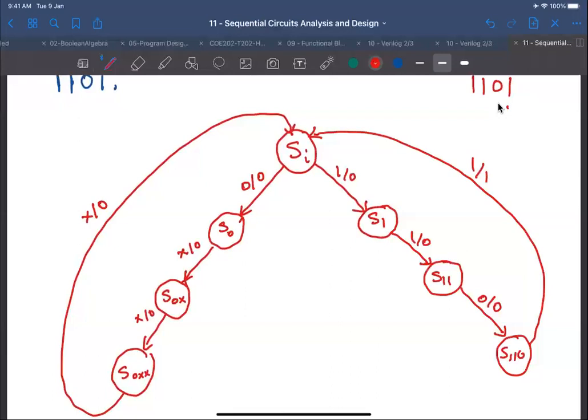Sequence is a variable length, but the code is a fixed length. I have to know which bit I'm looking for. I have to know where I am in the code here. So this keeps track of which bit I'm processing. If I'm in here, then I'll be processing the first bit. If I'm in here, then I'm processing the second bit, and so on and so forth. Do you see that? Yes, it's clear.